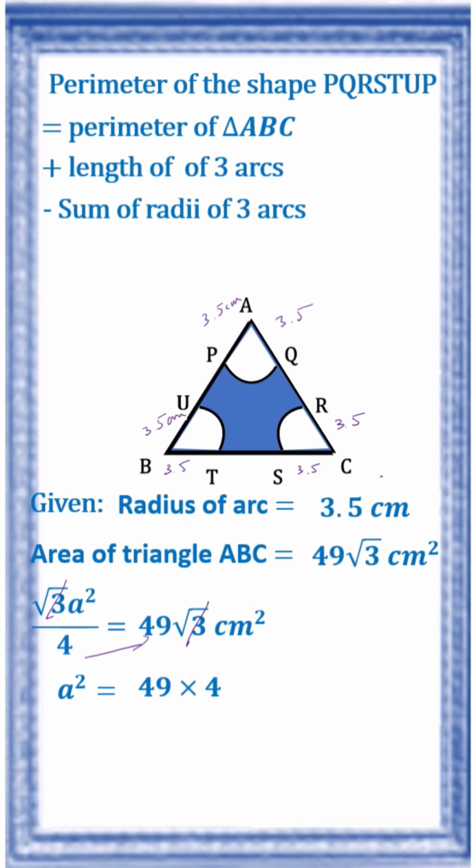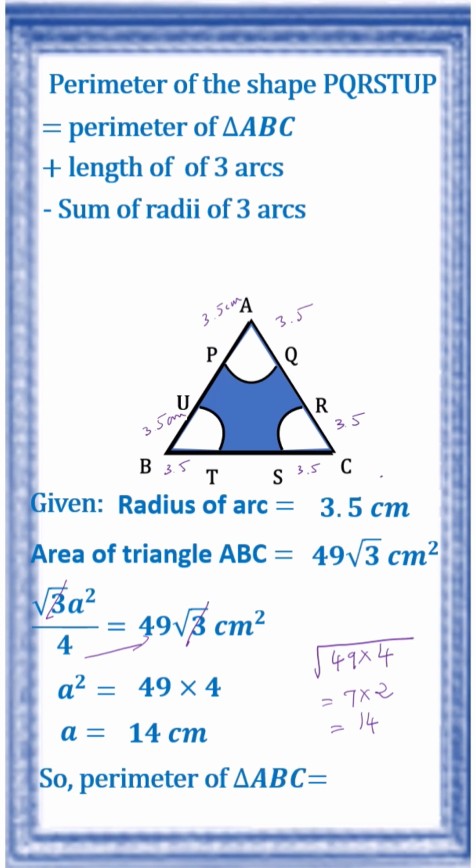We need not calculate here. Now a is equal to the square root of 49 into 4, that is 7 into 2, that is 14. So the side of the triangle is 14 centimeter.